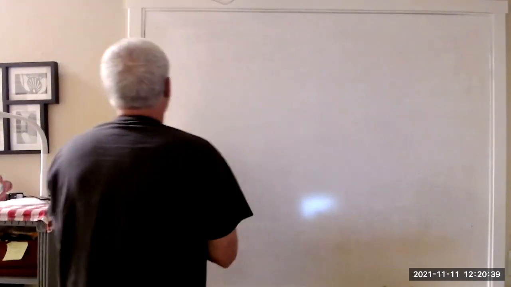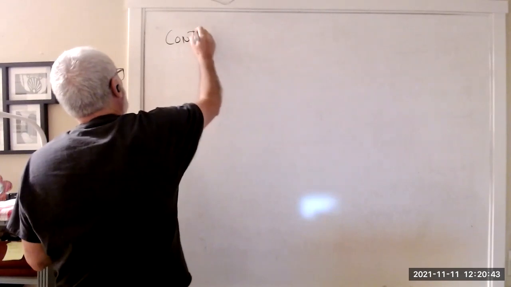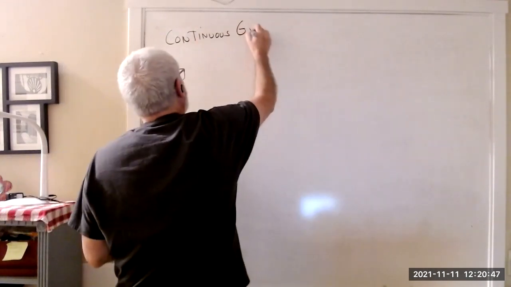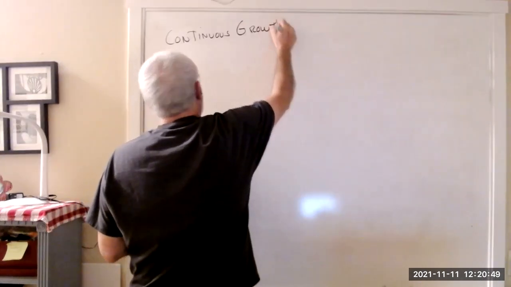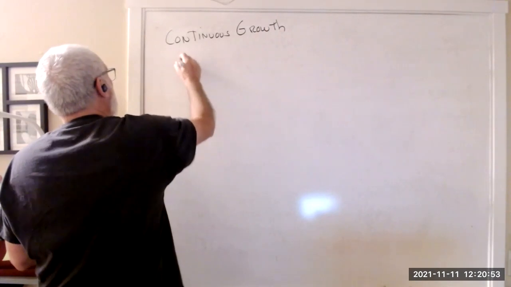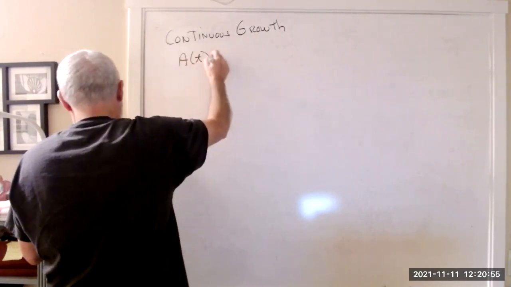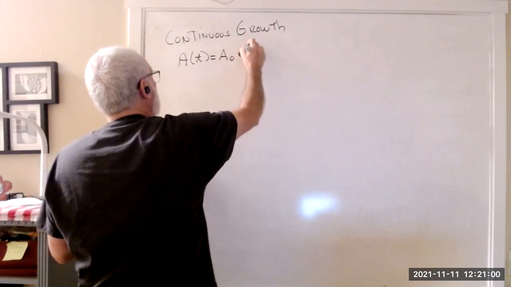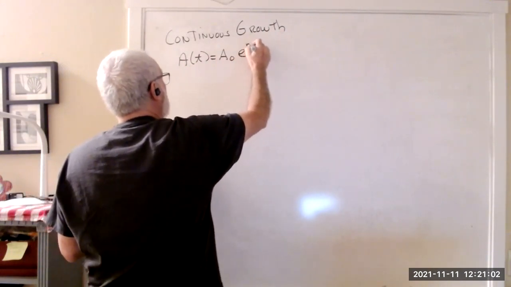All right, number 3 talks about something called continuous growth. Okay, and it uses the formula A of t equals A naught e to the r times t.